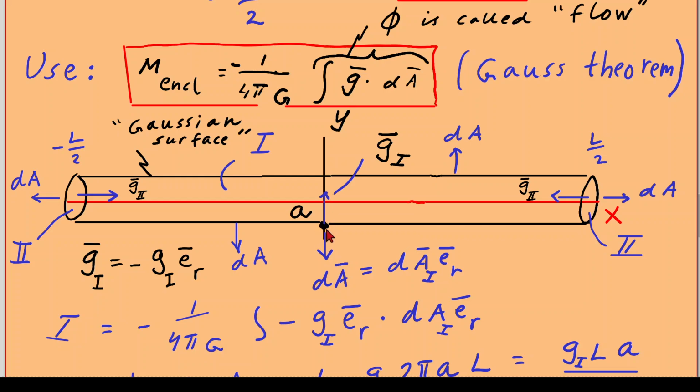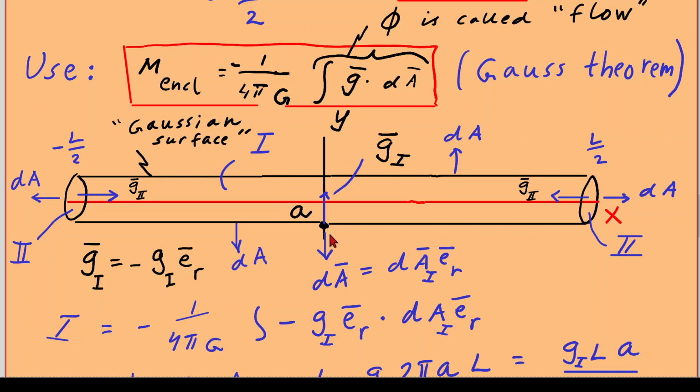It will feel forces up towards this massive rod. So it's upwards. Thus g here equals minus g times the basis vector e_r, because the radial vector is in this situation in the other direction. That's why we have a minus here.